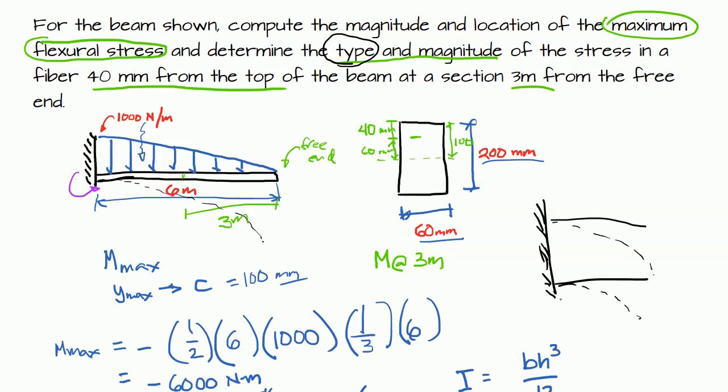Ganyan. So, mako-compress itong side na to, tutulak dito. Tapos, hahatak naman dito sa taas na part. So we know na tension stress dito sa taas at compression stress sa baba. All throughout sa cantilever beams, ganun. Tension stresses sa taas at compression stresses sa baba. And we will find out na ganun nga mamaya.